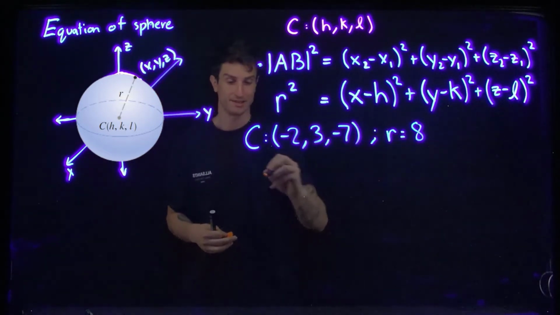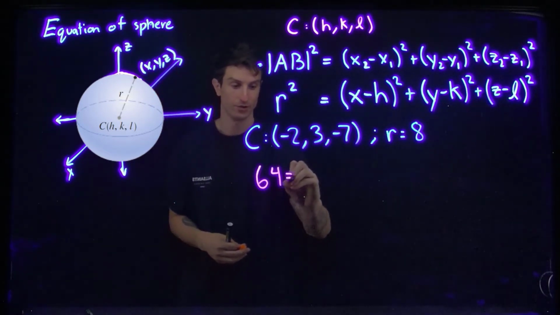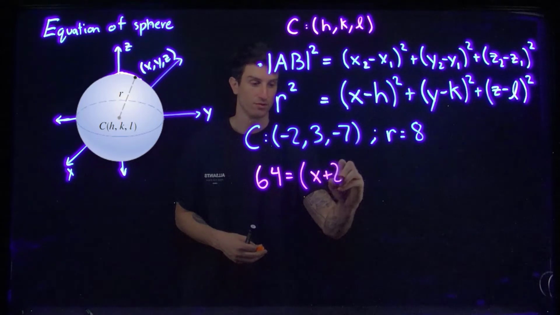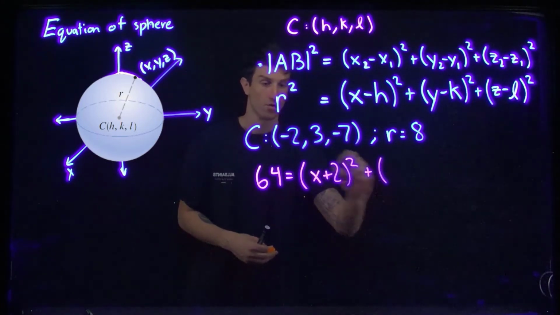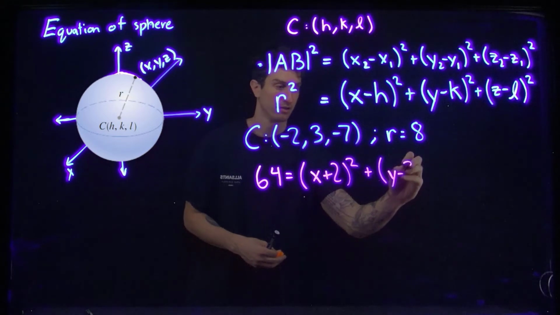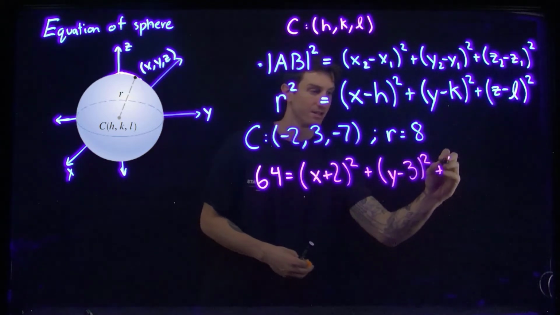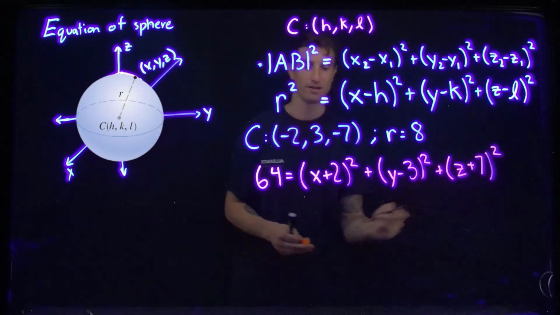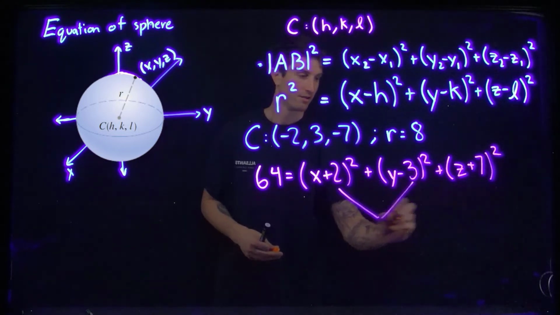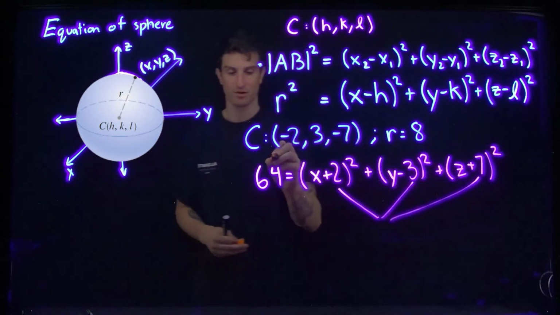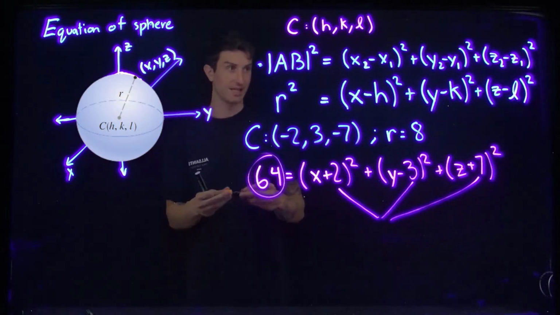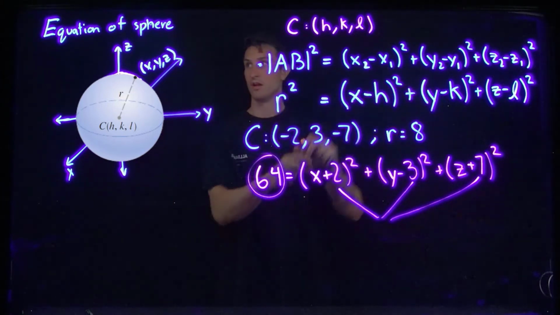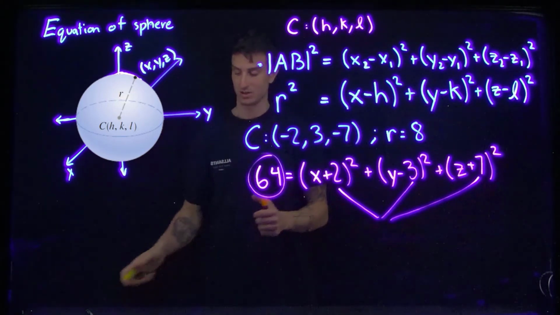So r squared, 64, is equal to x minus a negative 2, x plus 2, squared, plus y minus 3 squared, plus z minus a negative 7 squared. And that's it. We're done, right? We have our center and we have our radius. Easy enough, right? Equation of the sphere. So as long as we know where the distance formula is coming from, the derivation of the sphere is the same, right? There is no difference.